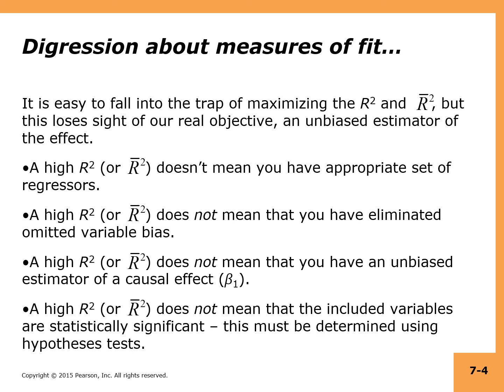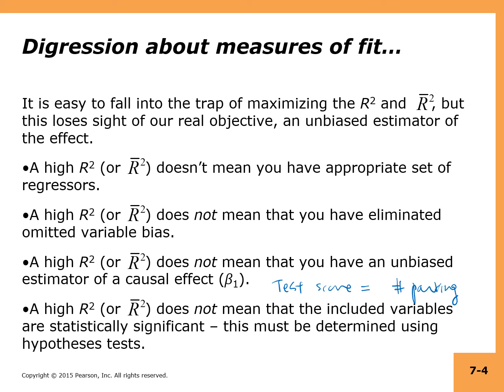The third thing is that a high R-square does not mean that you have an unbiased estimator of a causal effect. Imagine a case when you have test score as a dependent variable and the number of parking lots as an independent variable. In this case, you may have a high R-square because they are highly correlated.